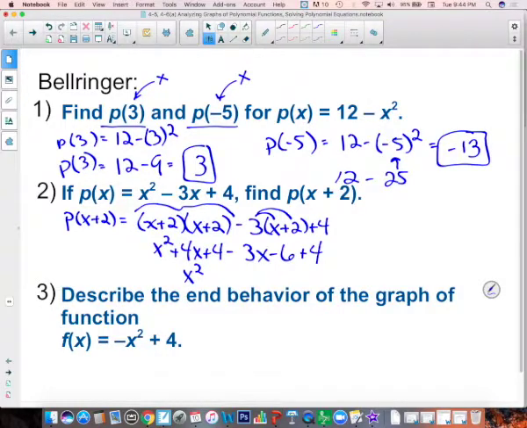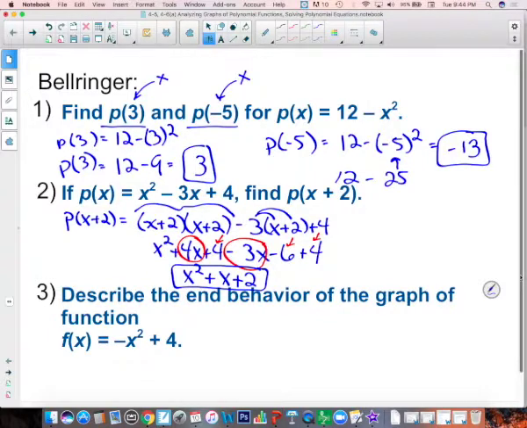Then we have 4x minus 3x. That gives you plus x, and then we have the 4 there, the 6 there, and the 4 there. So we got to combine those together. So 4 minus 6, -2 plus 4, that's positive 2. So that's your final answer right there, x squared plus x plus 2.